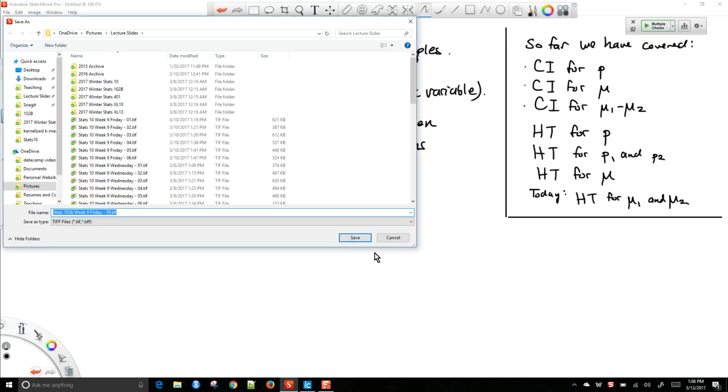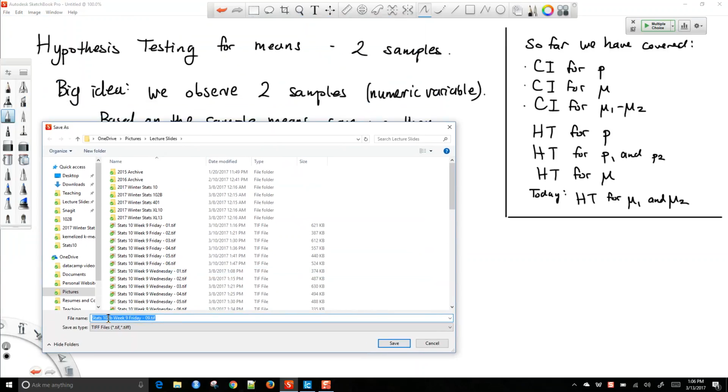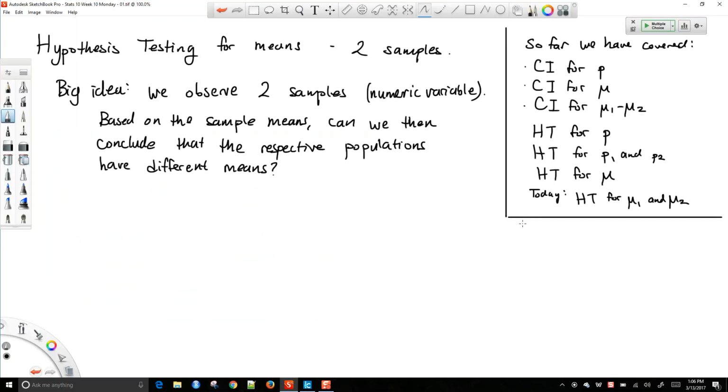You will see a lot of parallels between the hypothesis test for means with two samples and the confidence interval for mu1 versus mu2. They're pretty much the same, except you're looking at the same problem from two perspectives. With the confidence interval, you are trying to make a range of plausible values of the quantity mu1 minus mu2.